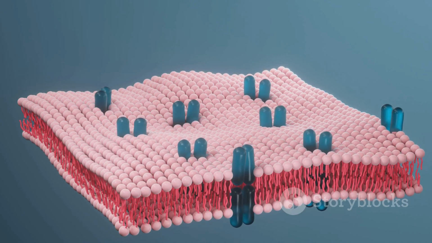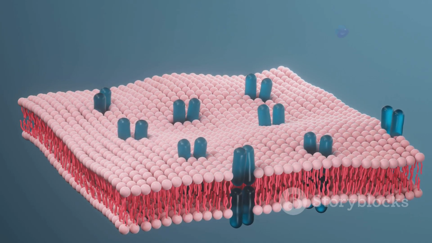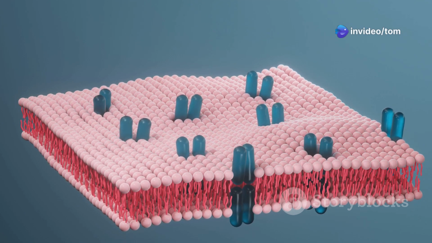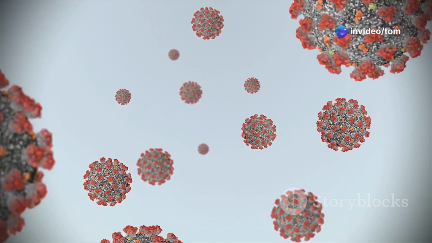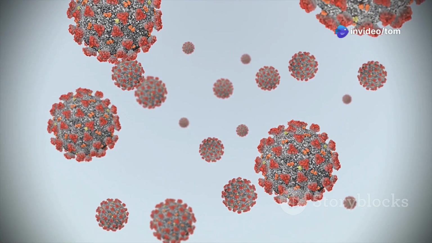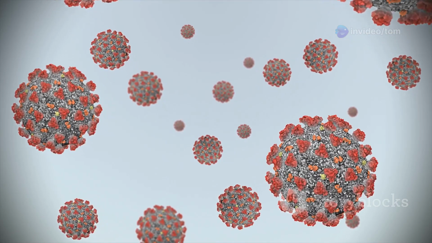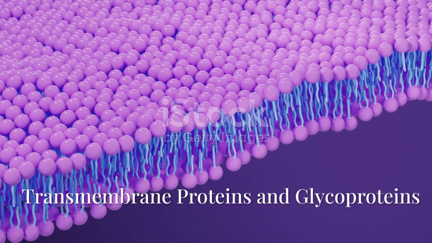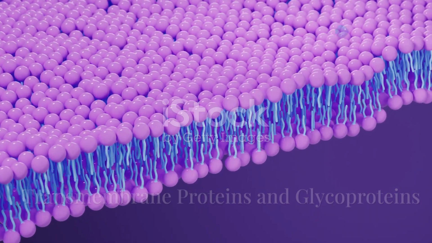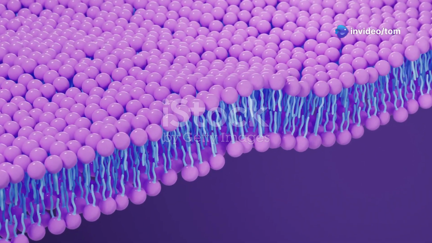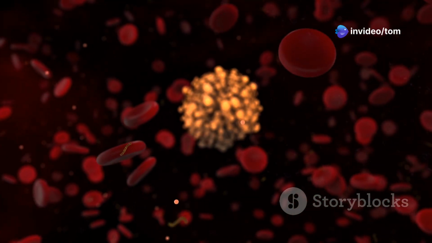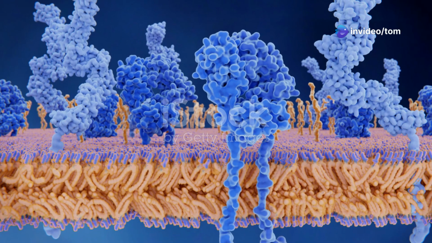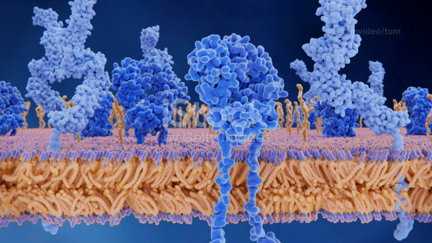Membrane proteins are classified as integral or peripheral according to whether they are firmly embedded in the membrane. Integral proteins extend into or through the lipid bilayer among the fatty acid tails and are firmly embedded in it. Most integral proteins are transmembrane proteins, which means that they span the entire lipid bilayer and protrude into both the cytosol and extracellular fluid.